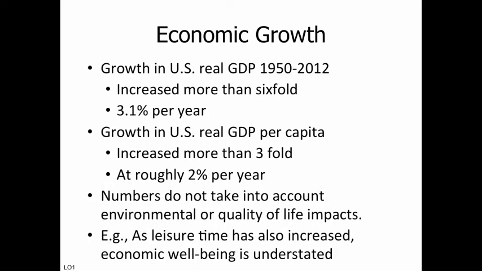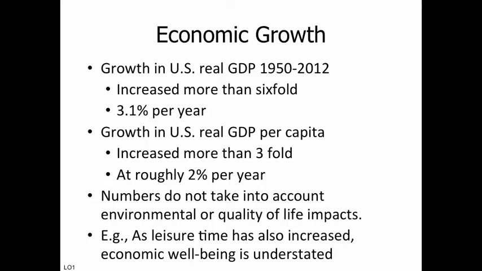So if we just think about the US and look at how GDP and per capita GDP have changed over time, we go back to the midpoint of the last century, so go back to 1950 and compare that to 2012 data, then real GDP in the US has increased more than 6 times over that 60-year period, growing at about a 3.1% rate per year.